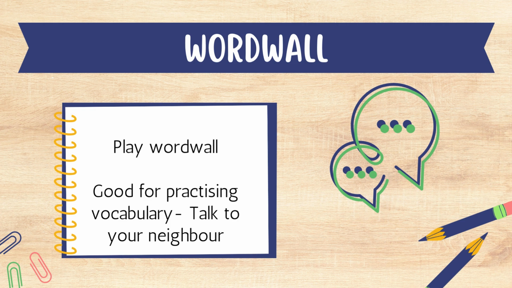In French, for example, one child says le chat, the other one says le chien, and they keep on saying like that until one maybe is not able to continue, and then we get a winner. So this game, this idea is good for practicing vocabulary and is known as talk to your neighbor.